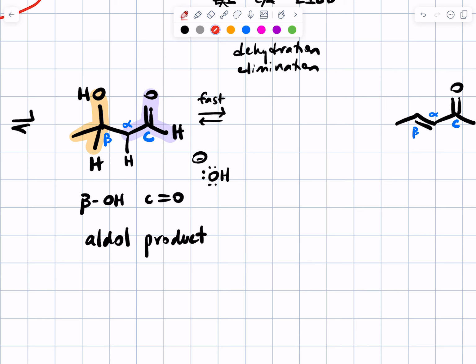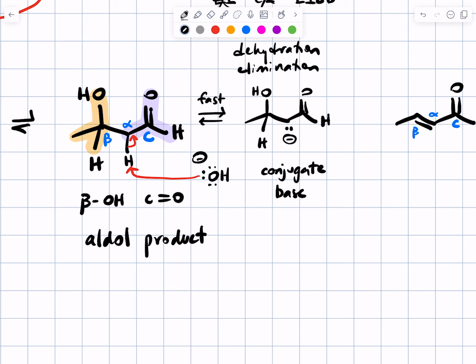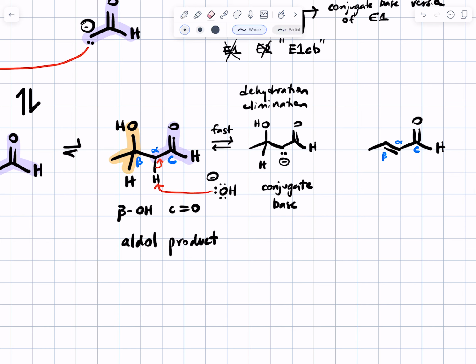It's fast. So hydroxide is going to remove the alpha proton to make the conjugate base, which, I mean, you know you can remove a proton from the alpha carbon. We just made an enolate. This is the conjugate base. This is where the CB comes from in the so-called E1CB mechanism.